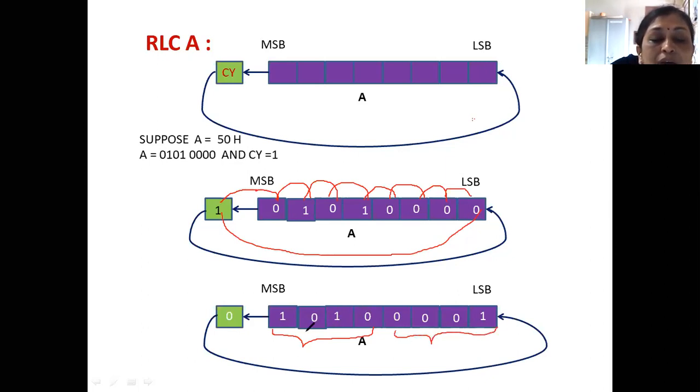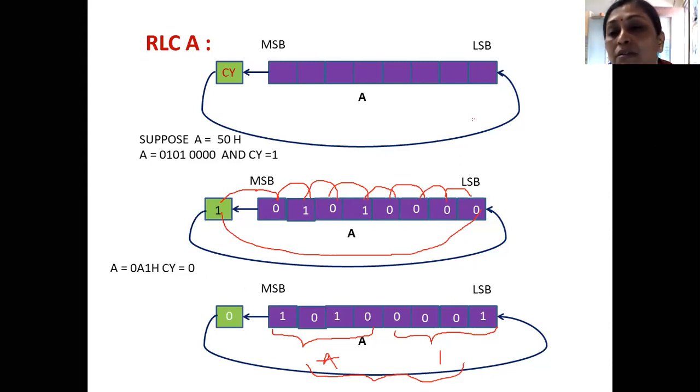The hexadecimal equivalent of 1010 is A and that of 0001 is 1. So the value in the accumulator is A1, and the contents of the carry flag are 0. So if the accumulator contains 50 hexadecimal and the carry flag is 1, after execution of the RLCA instruction the accumulator will contain 0A1H and the carry flag will be 0. Are you clear about this, students?